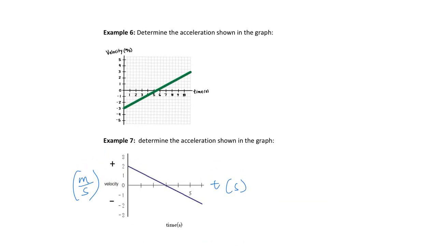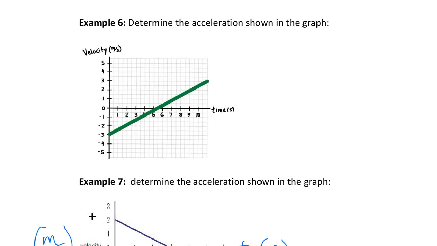Okay, showing acceleration again. I don't really know. This looks like it goes to 5.5. So acceleration looks like, or I could do the whole thing like this. The run is 3, and the rise is 3 minus the negative 3, which is 6.